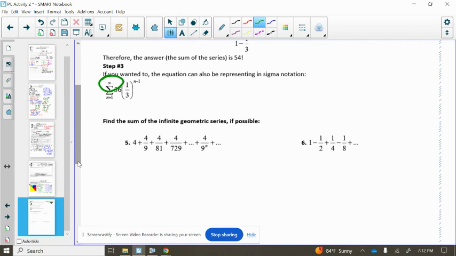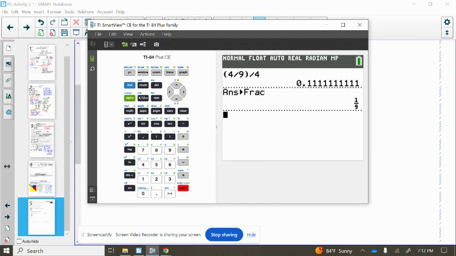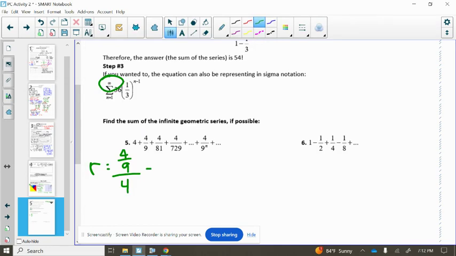So if we check out a couple more examples here, in this first one, is this r value going to work out? Well, if I take term 2 divided by term 1, so if I take 4/9, put that in parentheses, divided by term 1, which is 4, I have an r value of 0.1 repeating, or 1/9. That is, in fact, in between -1 and 1, so we are good to go there.